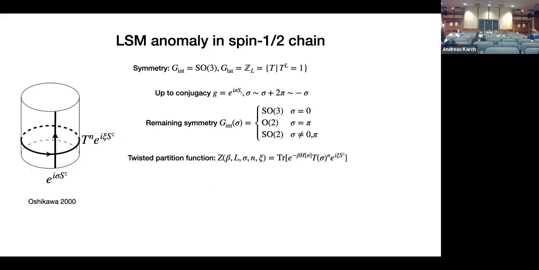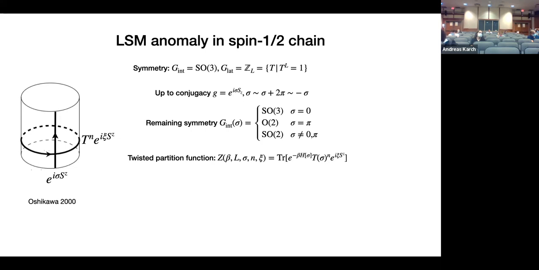We can only rotate around the z direction. If you have the special value sigma equals pi, then the symmetry is enhanced a little bit. On top of the U1 rotation, we also get a Z2 that takes sigma to minus sigma, but now sigma is pi, so sigma and minus sigma are the same. So we get an additional Z2 that forms O2.